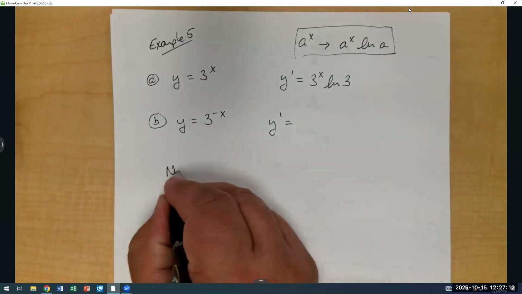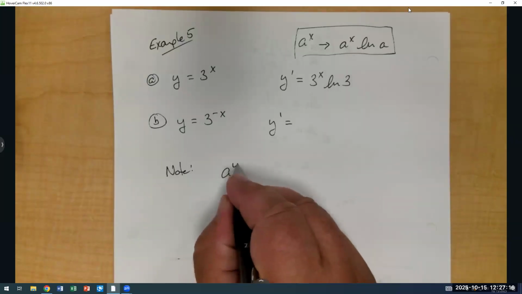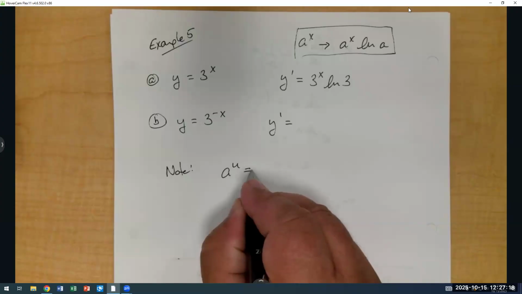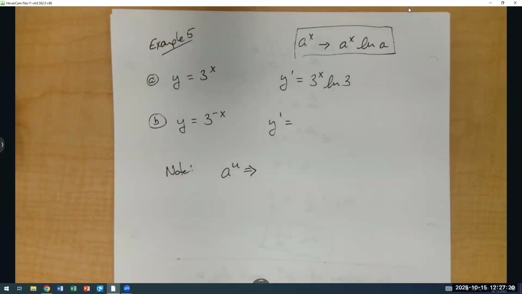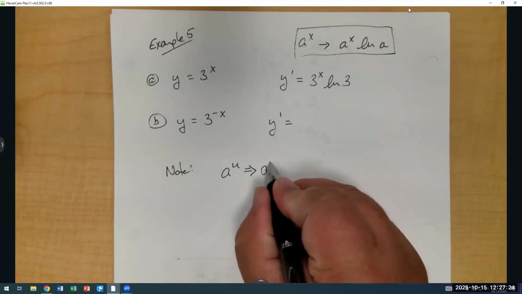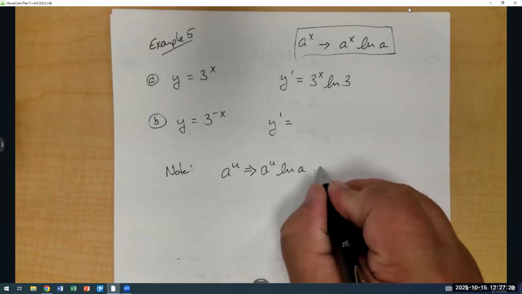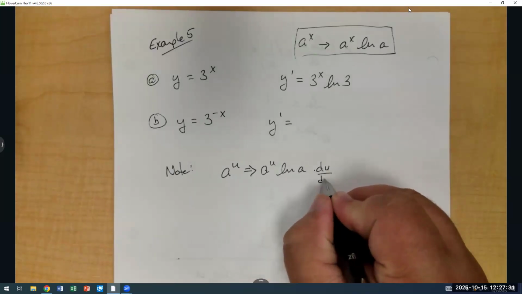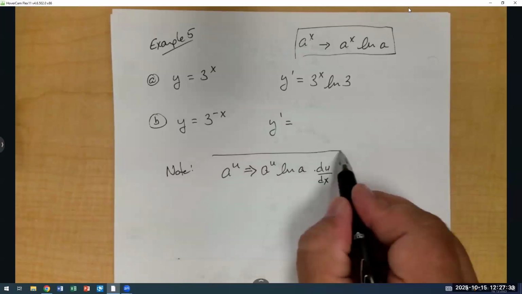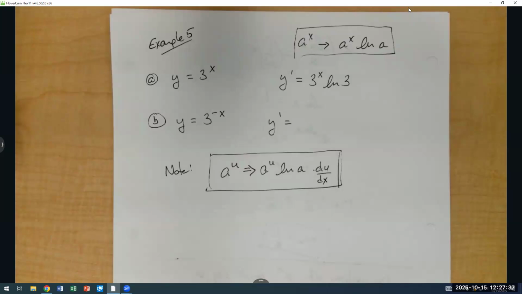Here's a note. What if we had a to the power u? The derivative of a to the power u would be a^u ln a times du/dx, if your exponent isn't a constant, if it's a function. Why do I say that?